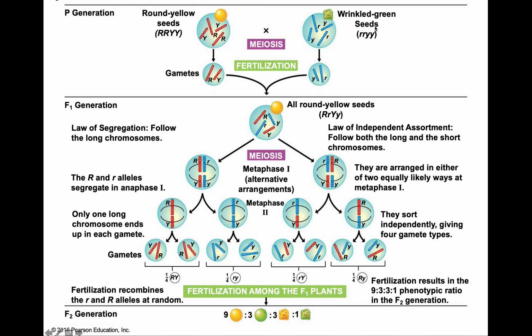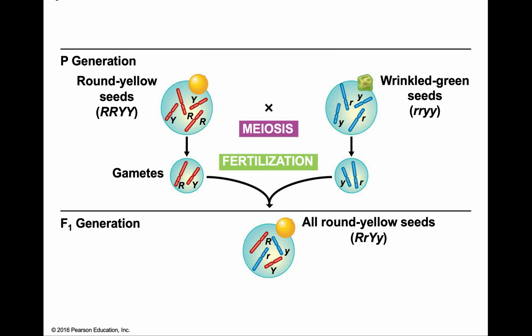Here we have wrinkled and green as a homozygous, again a dihybrid, and that results in a 9-3-3-1 breakdown. So remember that from before, a 9-3-3-1 breakdown. That's the ratio that you're likely to see when you have a homozygous dominant for two traits and recessive traits for two traits as well. In this case, a dihybrid. Next slide.